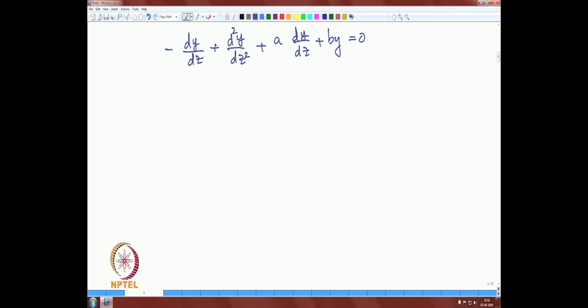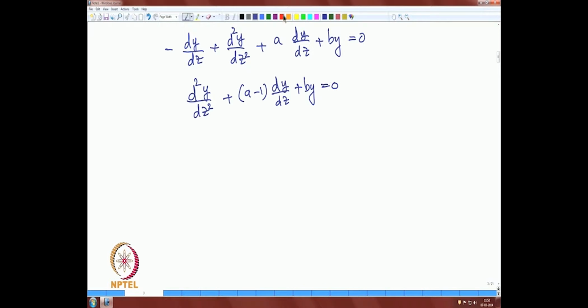And therefore, simplifying this and taking d square y by dz square first, this is d square y by dz square plus (a minus 1) dy by dz plus by is equal to 0.